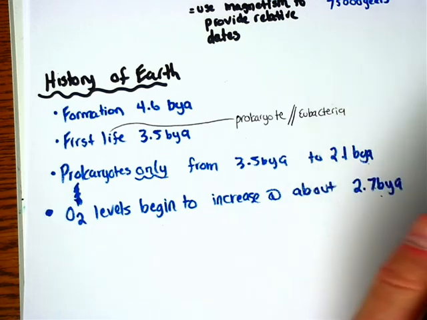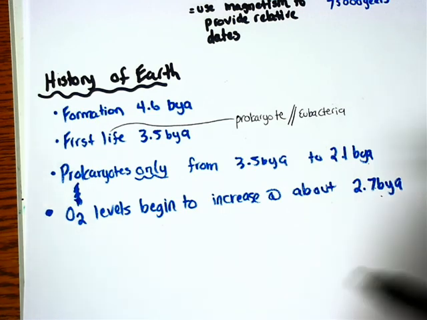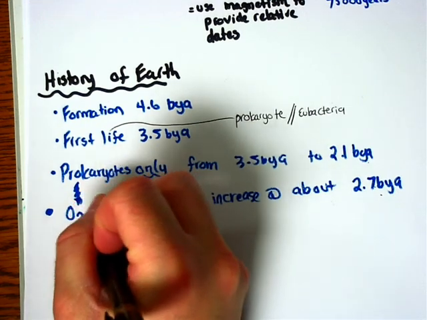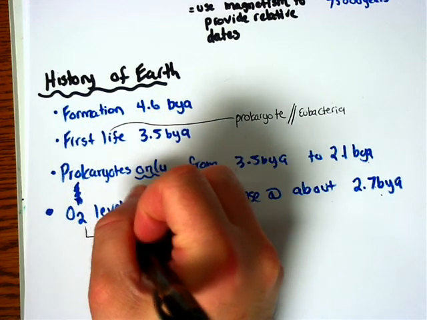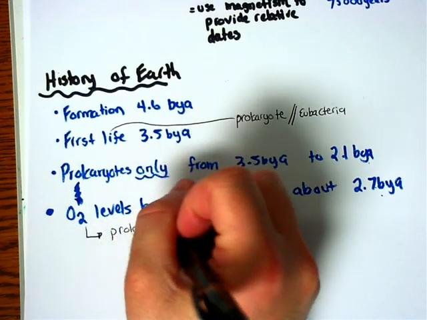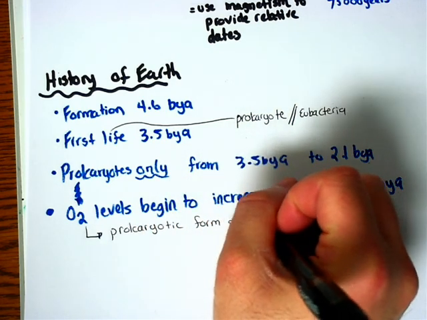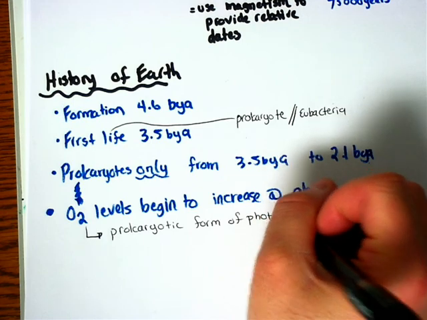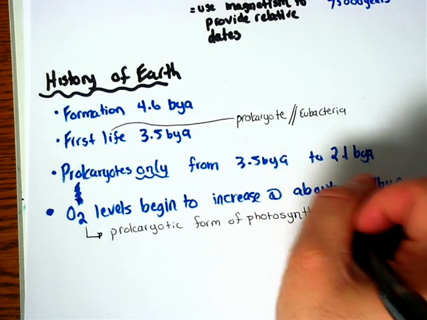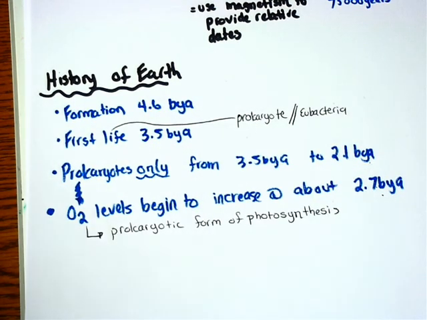What does that have to mean? The bacteria were doing photosynthesis. So this would be a prokaryotic form of photosynthesis. Those bacteria are still around today.